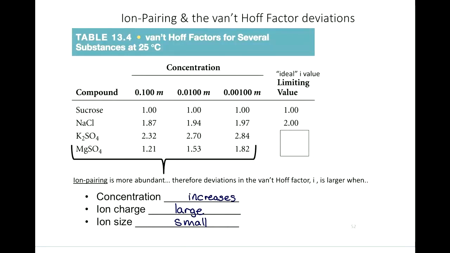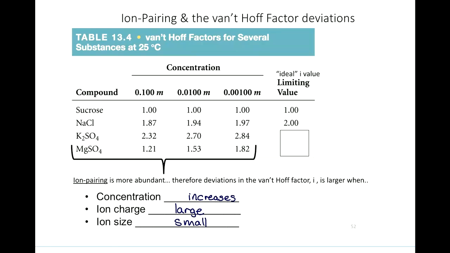All right, here's a table of examples, but I want to tell you what are the criteria for ion pairing, therefore deviations to the Van 't Hoff factor. So the first one is concentration. So just remember, more ion pairing, more Van 't Hoff factor deviation. Okay?